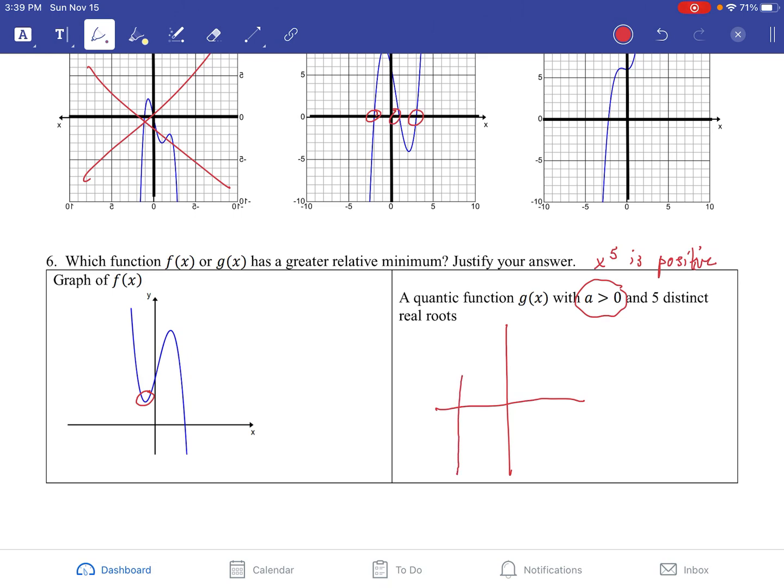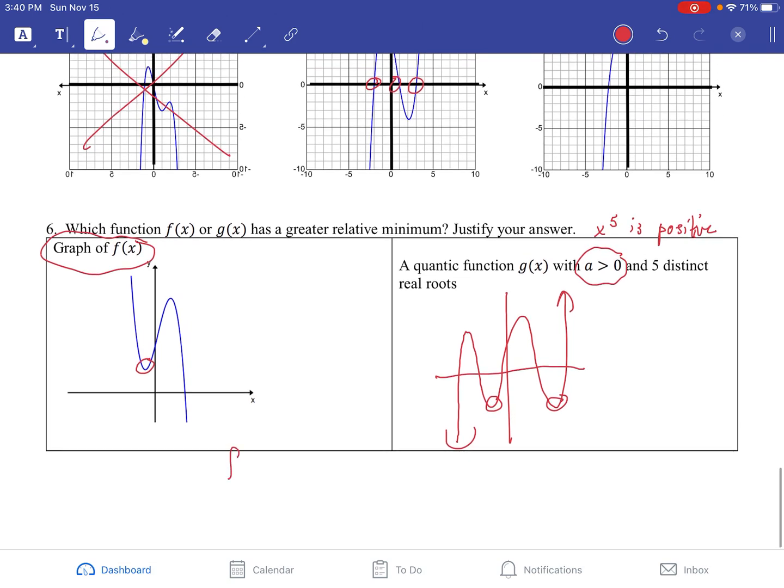All right, and we have to have 5 distinct roots. So there's 1, 2, 3, 4, 5. All right, so because it has 5 distinct real roots, we had to go through the x-axis 5 different times, which means all of our relative minimums are below the x-axis. That means the graph here, f of x, has a higher, greater relative minimum.